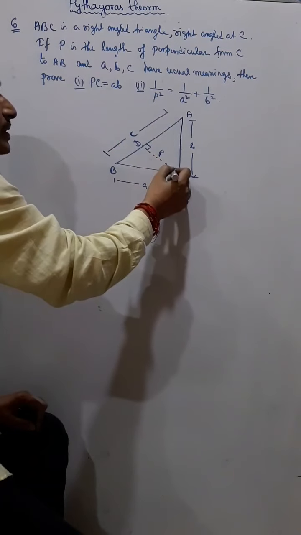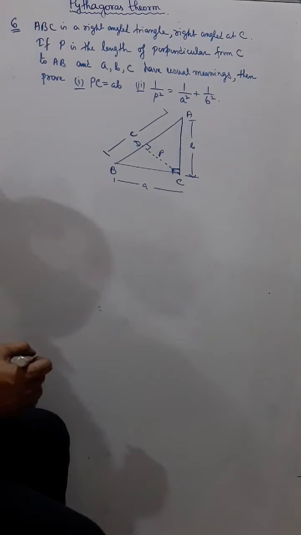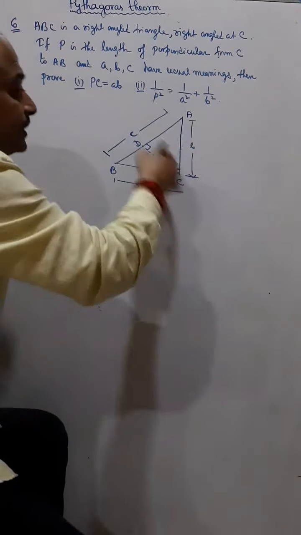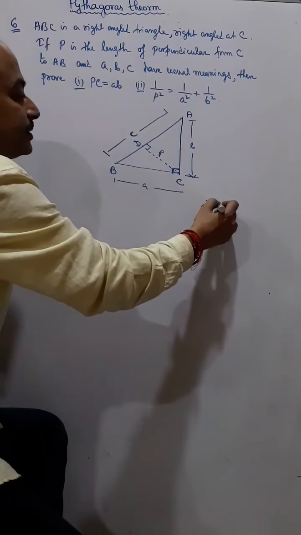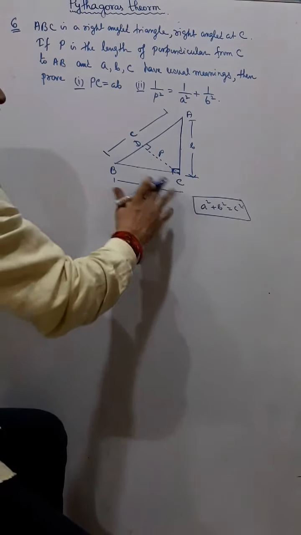So that means it is always a right angle at C. Therefore, if I apply Pythagoras theorem, I can say that a square plus b square is equal to c square. So this is the usual meaning.